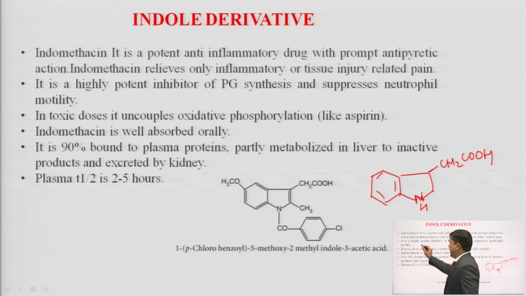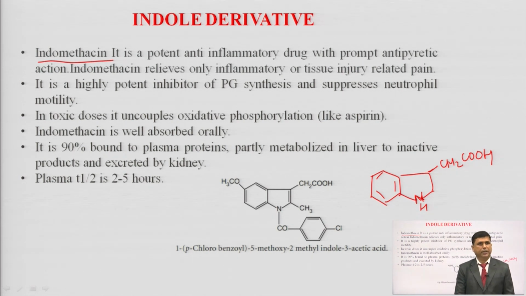The well known example of this indole acetic acid derivative is indomethacin. It is a potent anti-inflammatory drug with antipyretic action. Indomethacin is a highly potent inhibitor of prostaglandin synthesis and suppresses neutrophil motility.